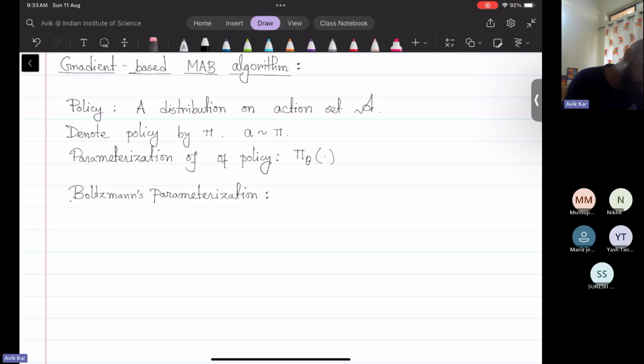This I think you have seen somewhere, at least if you are exposed to neural networks, where it is used a lot.